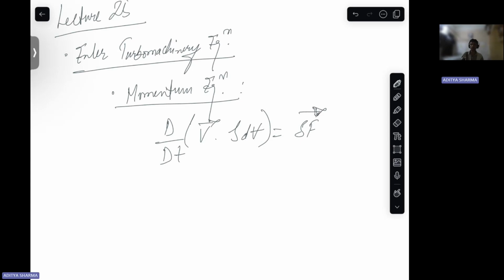So this is for some fluid element linked to your turbo machine.